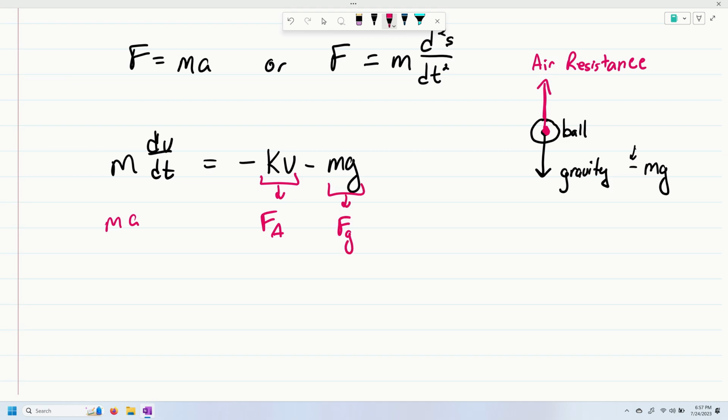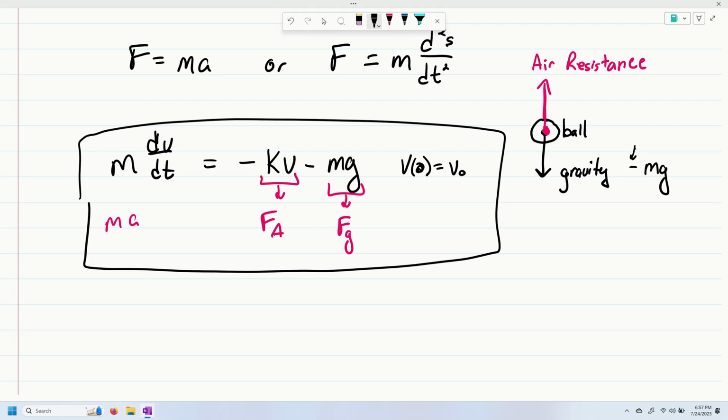So this is basically what we have here. And if we assign some arbitrary initial values, in other words, if we know the velocity at time 0 equals the initial velocity, we have our very first linear differential equation.